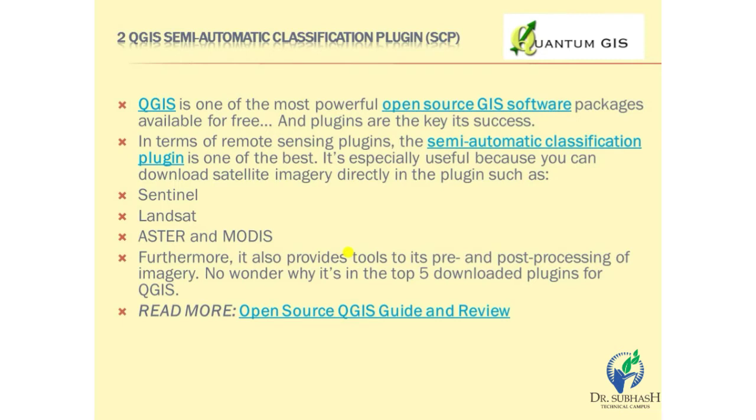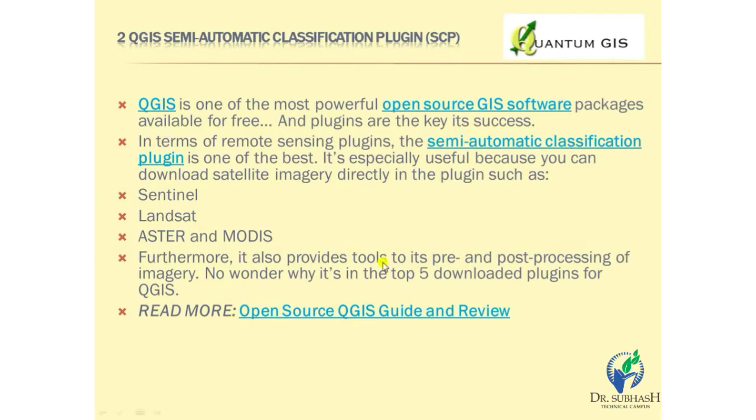There are different types of satellites like Sentinel, Landsat, ASTER, and MODIS. They are different satellites, and their formats of collecting data are different. But the plugin helps us download the data and import it directly into QGIS. That tool also provides pre- and post-processing of imagery.